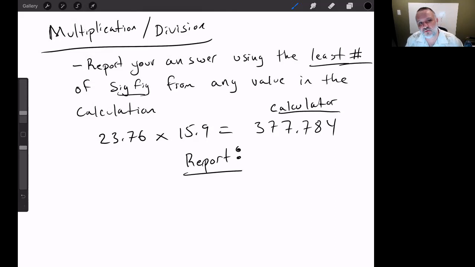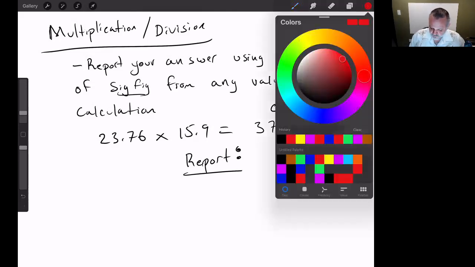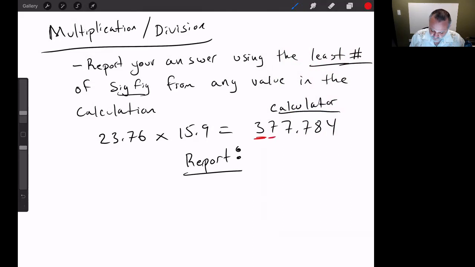It's 4 versus 3, so 3 is the one that I use. So how do I deal with 3 sig figs? Well, I'm going to count. 1, 2, 3. So there's 3 significant digits. So what do I report?